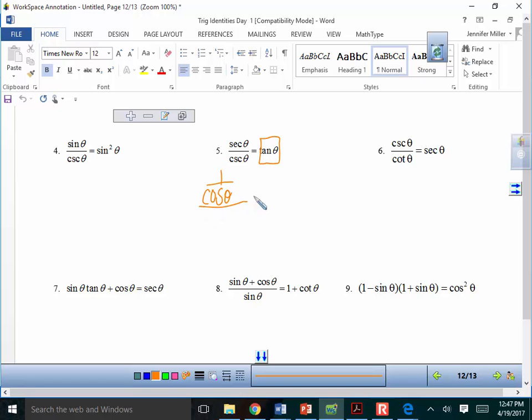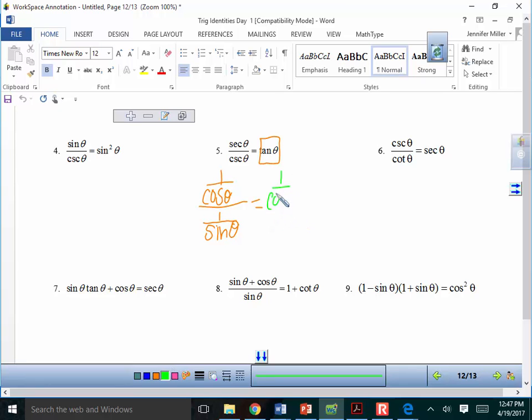And how can I rewrite the cosecant of theta, Alexia? 1 over the sine of theta. Do you guys agree? Yeah. Okay. So we know that when we divide by a fraction, it's the same as multiplying by its reciprocal.